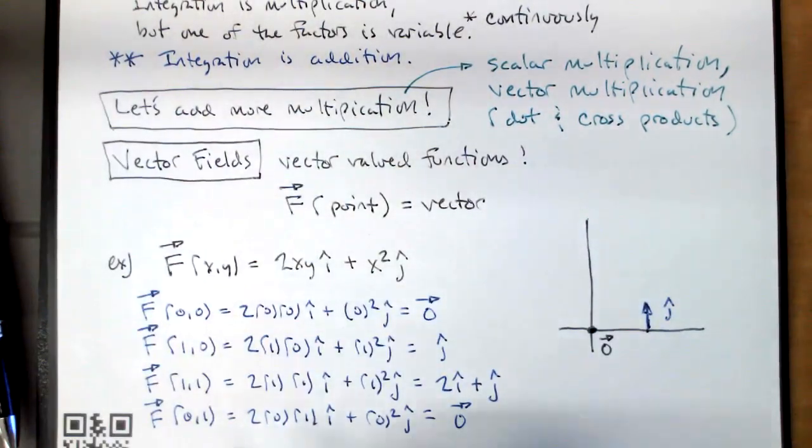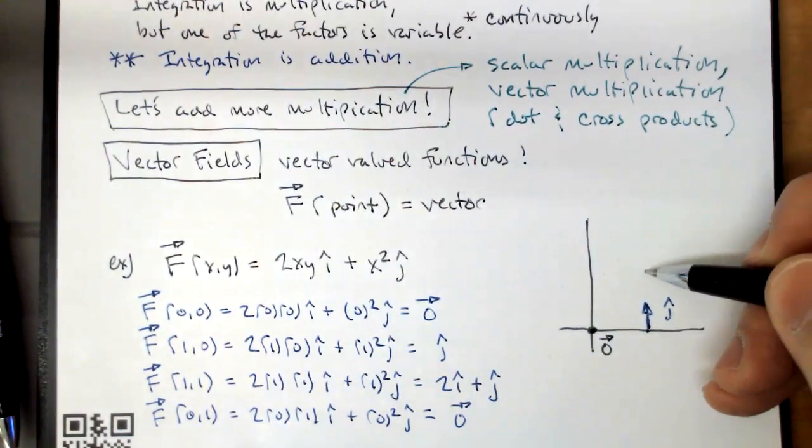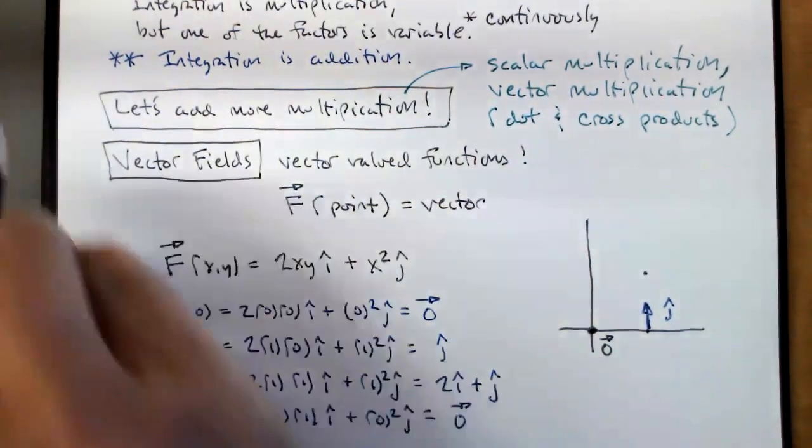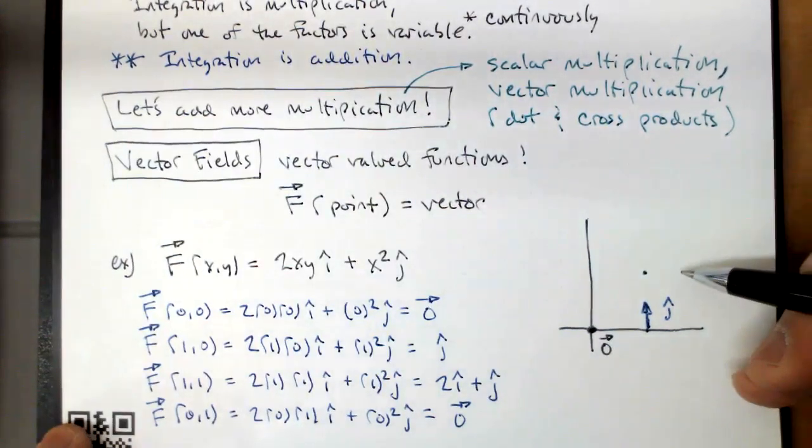At the point 1, 1, we draw the vector 2i plus 1j.